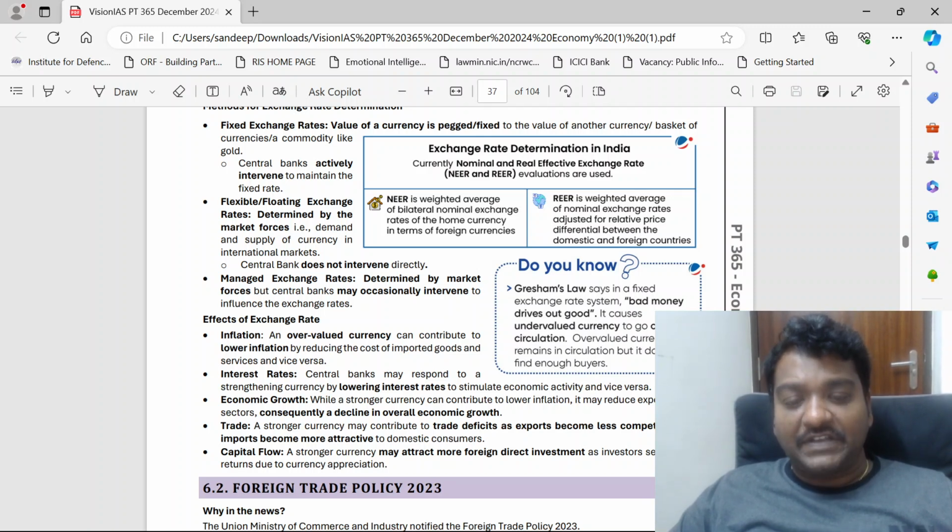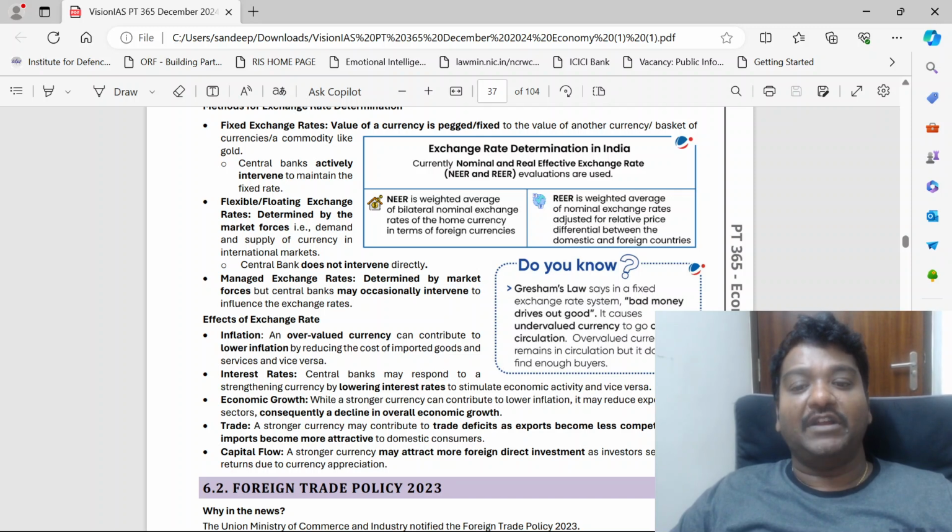Then guys, you see Gresham's law says in a fixed exchange rate system, bad money drives out good. It causes undervalued currency to go out of circulation. Overvalued currency remains in circulation, but it does not find enough buyers. So please see this particular term, Gresham's law. What does it say? Bad money drives out good.